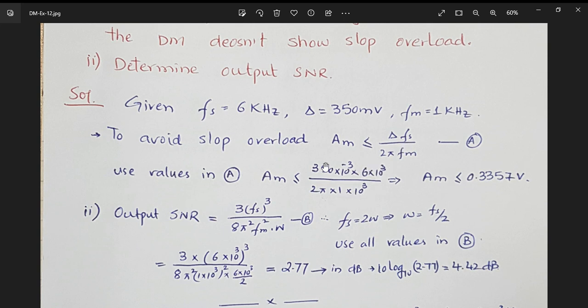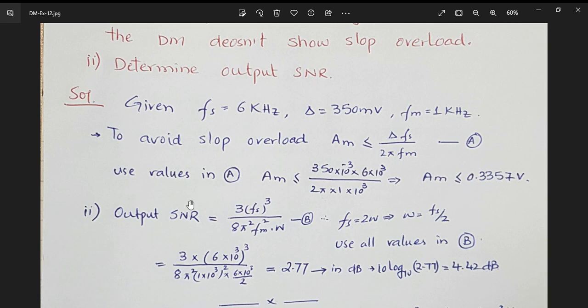Using the calculator, we can see that Am should be less than or equal to 0.3357 volt. So to avoid slope overload, the value of Am should be like this.